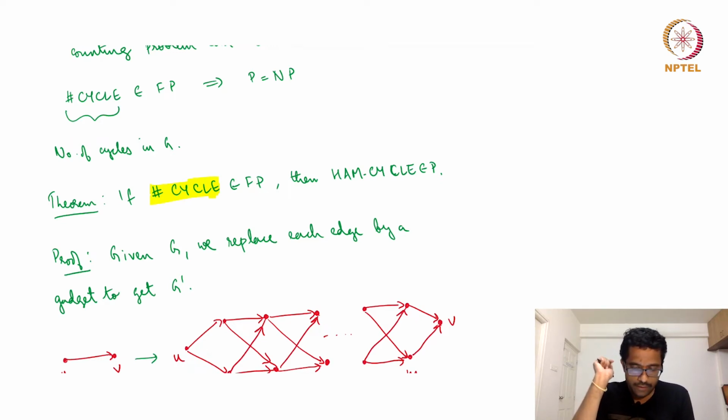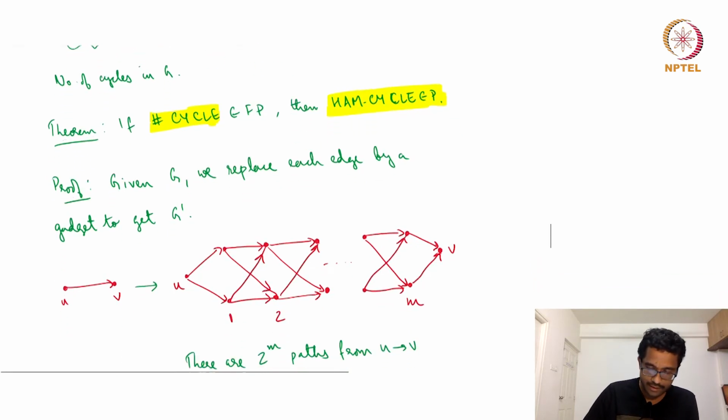If sharp cycle is in FP, which means if we can count the number of cycles in polynomial time, FP being just the functional equivalent of P, then it will imply that Hamiltonian cycle is in P. As we have seen when we saw NP completeness, Hamiltonian cycle is an NP complete language. So if Hamiltonian cycle is in P, that implies that P equal to NP. Let us see why this is the case.